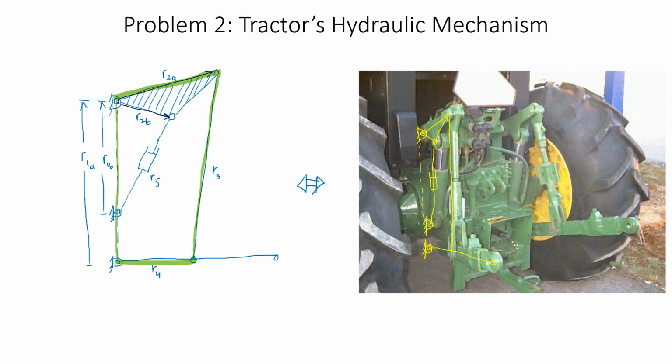So this is a 4-bar mechanism that I can see, and I can convince myself that since I've solved this one or similar 4-bar mechanisms multiple times, it would not be a very difficult task for me to develop the vector loop equations.